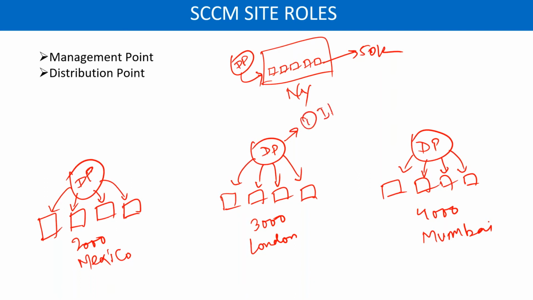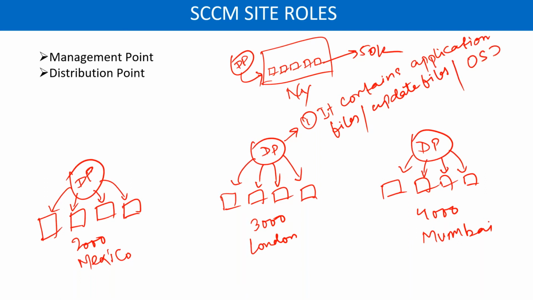It contains application files, software update files, operating system files. Basically it contains all the content, the application software, and the devices will be downloading the content from here.